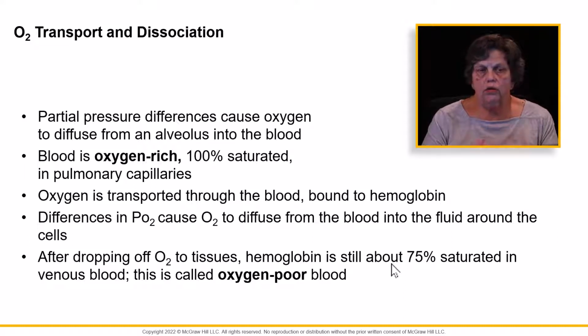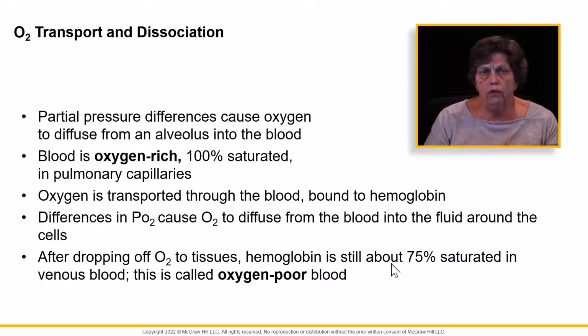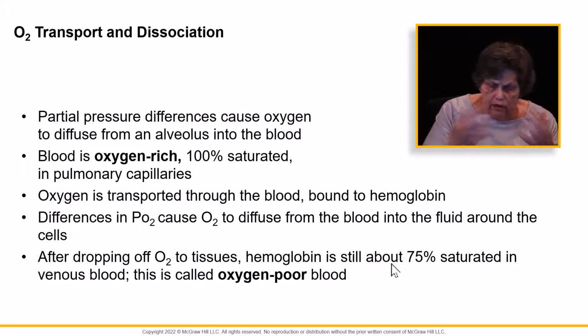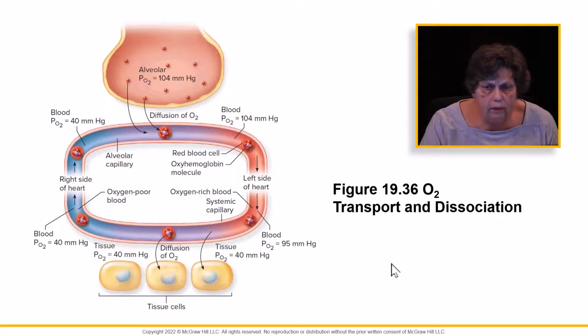It is called oxygen poor blood or deoxygenated. And when you sit there and think about it, 75% is deoxygenated. This is why when people go down below about 90% sats, we start thinking about putting O2 on them.